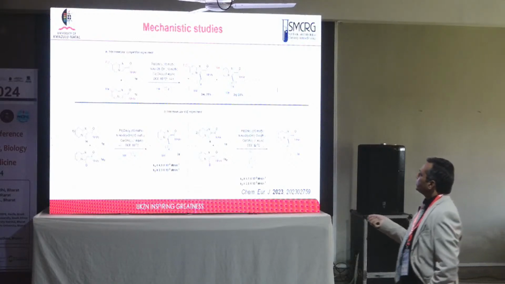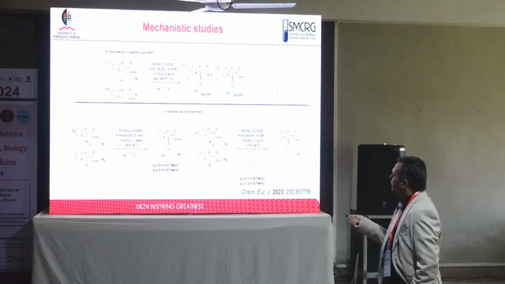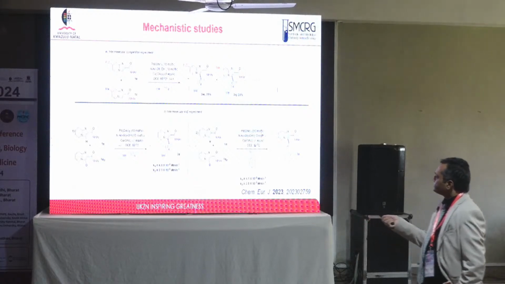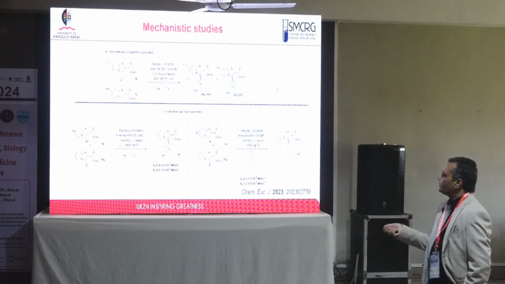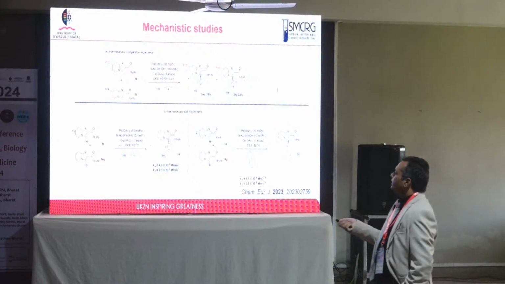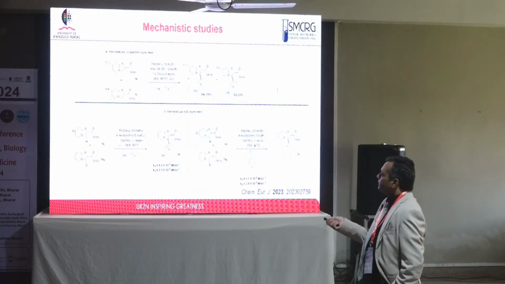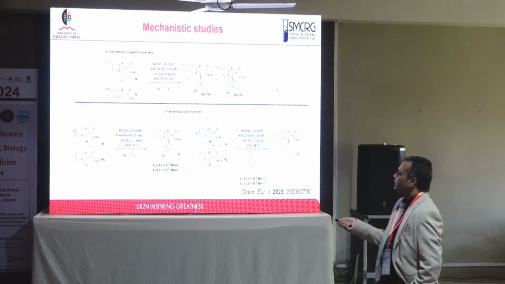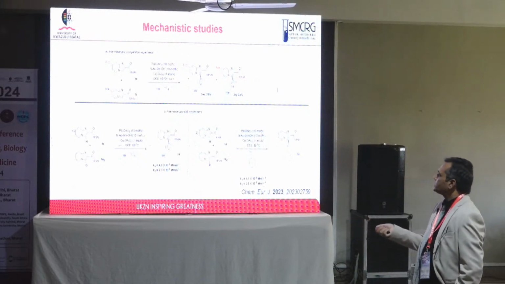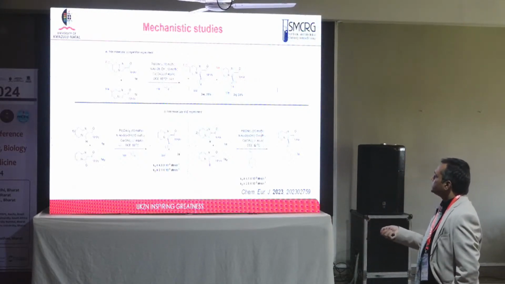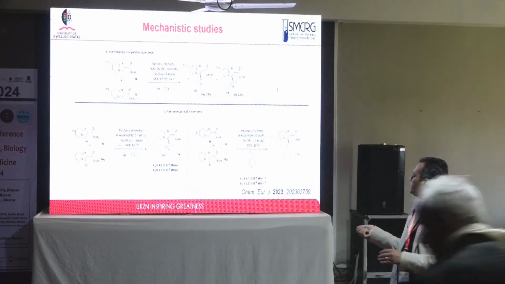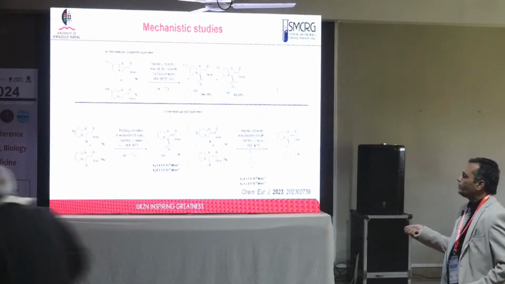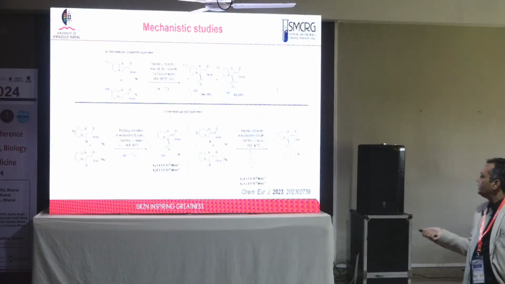Further, in an intermolecular competition reaction using a 1:1 mixture of the substrate and deuterated substrate with the styrenes, we got a KH by KD of 2.3, indicating the formation of more of the branched chain than the linear chain.